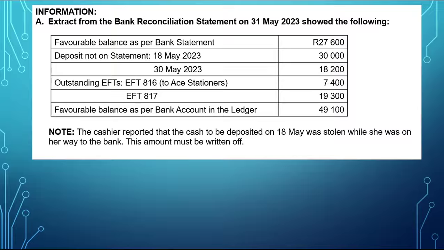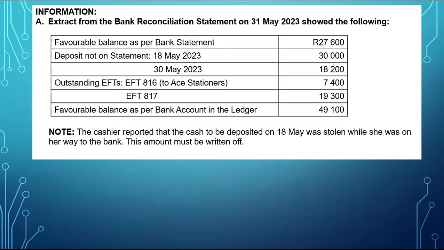Meaning that the CRJ, which records all the monies received by the business, will be compared to the credit side of the bank statement. The cash payments, which records all the monies paid by the business, will be compared to the debit side of the bank statement. These outstanding deposits, I know for sure they were recorded in the CRJ, but they did not appear on the credit side of the bank statement.